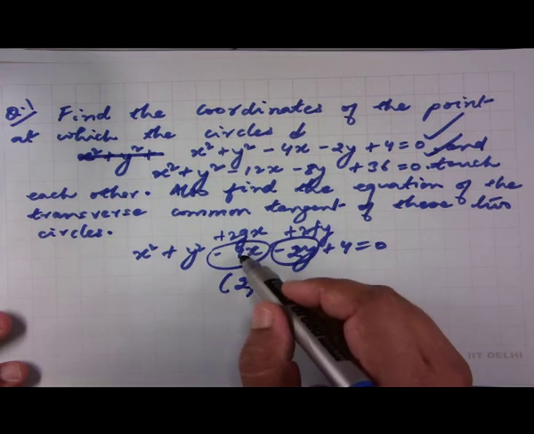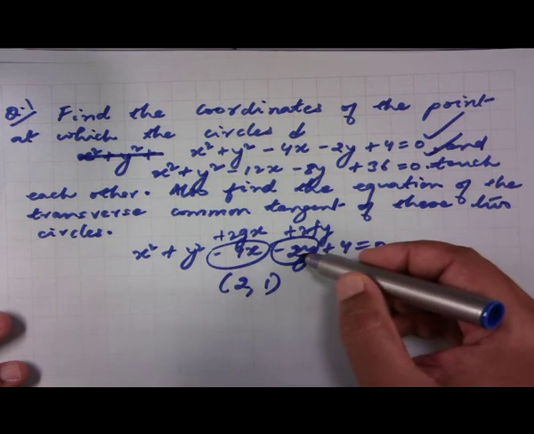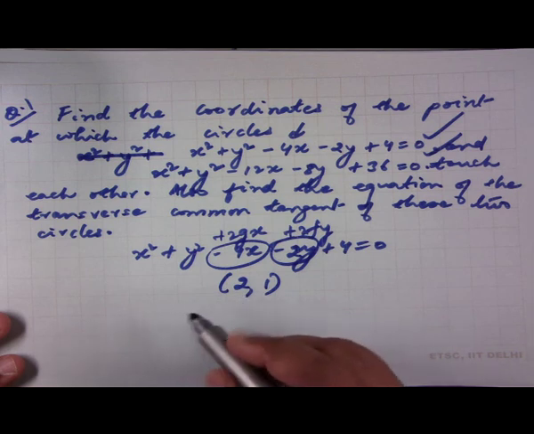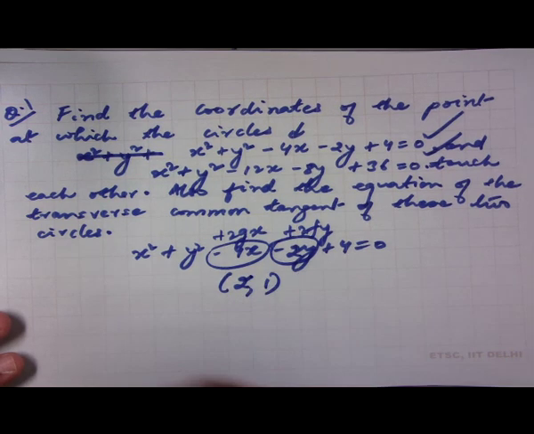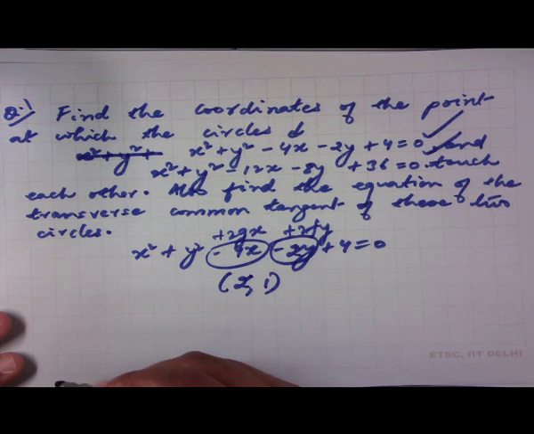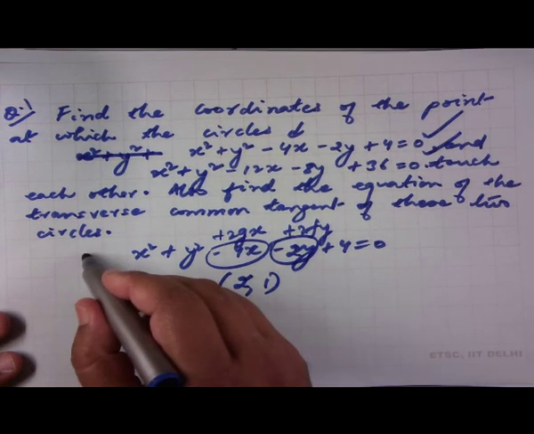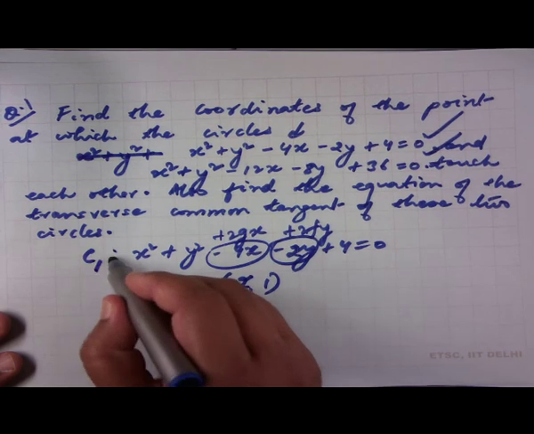So g is minus 2, f is minus 1, and the center we know is at minus g, minus f, which is 2, 1. So we will denote this circle by C1.